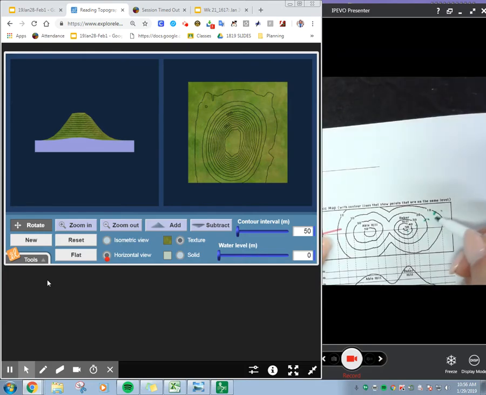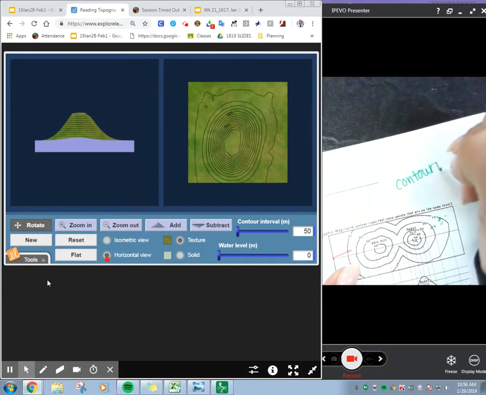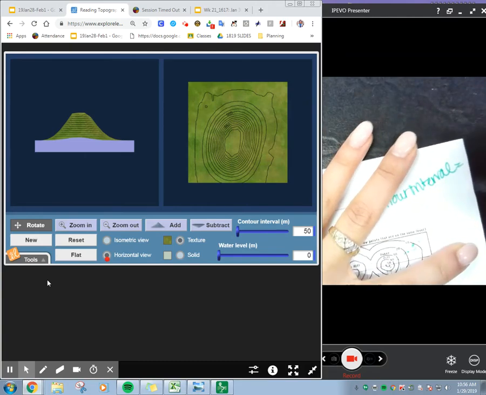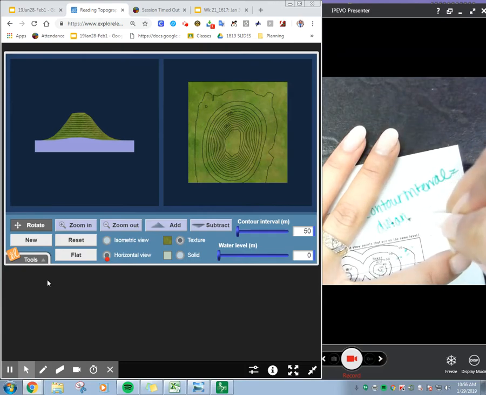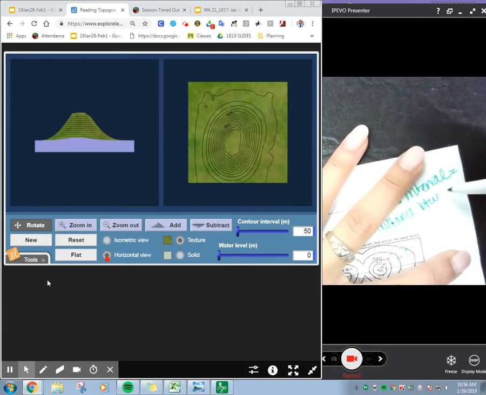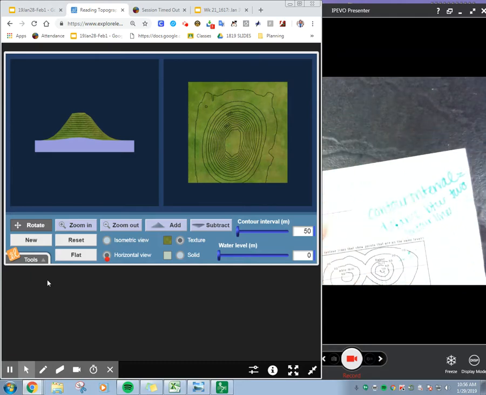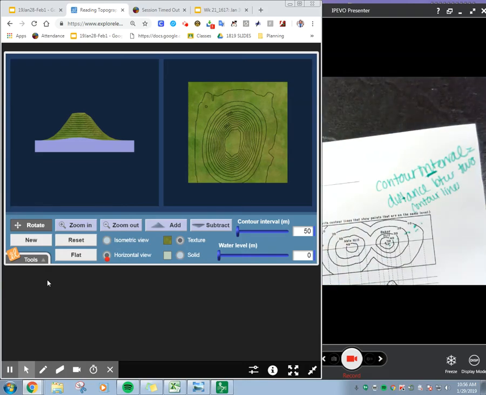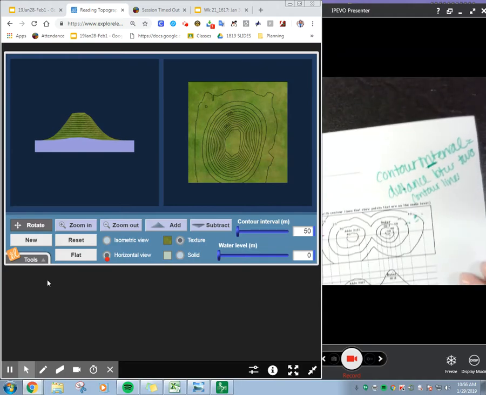The space between two lines, we call that a contour interval, which is just the distance between two contour lines. That's it. Think of interval, in between.